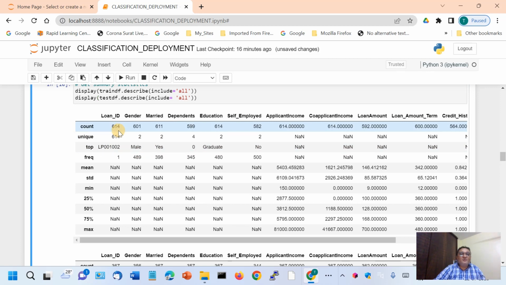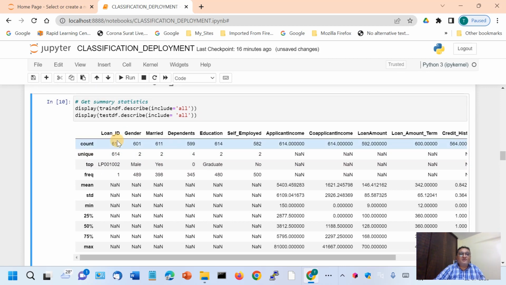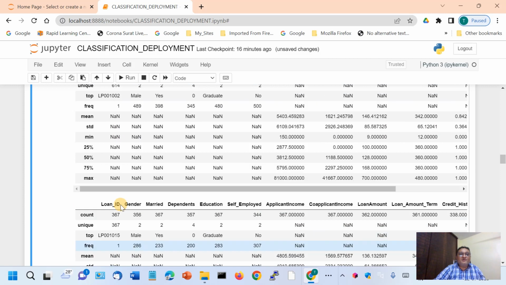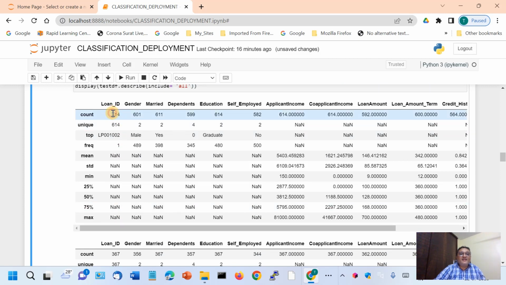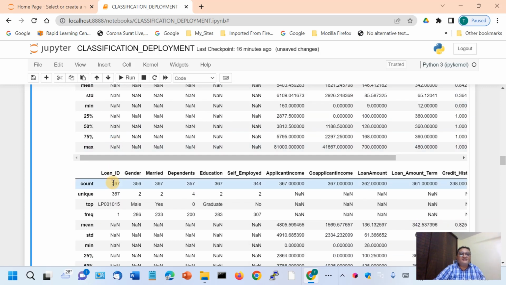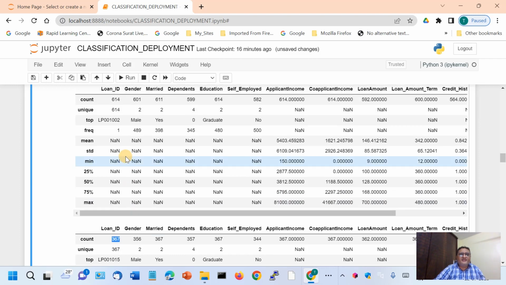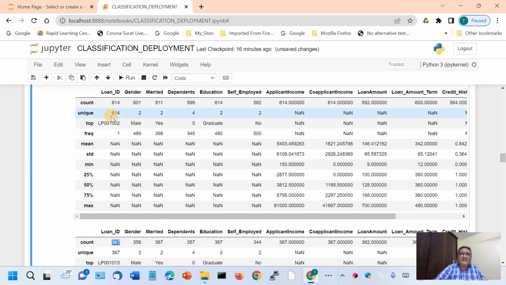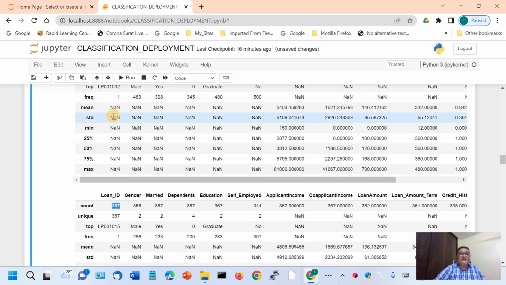And you can see how many observations are there. This is for train DF. Similarly, this is for test DF. So train DF has this many observations, test DF has this many observations. So it is roughly around a 70-30 division that they have given to us in the data.